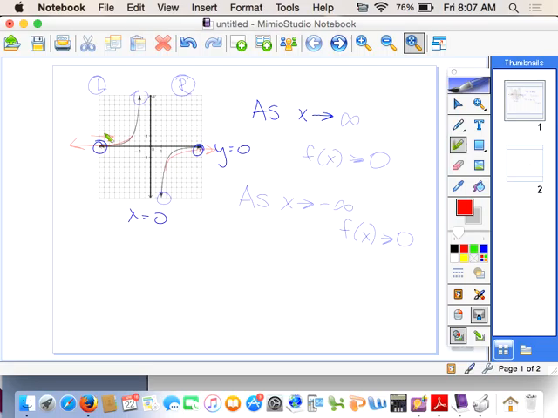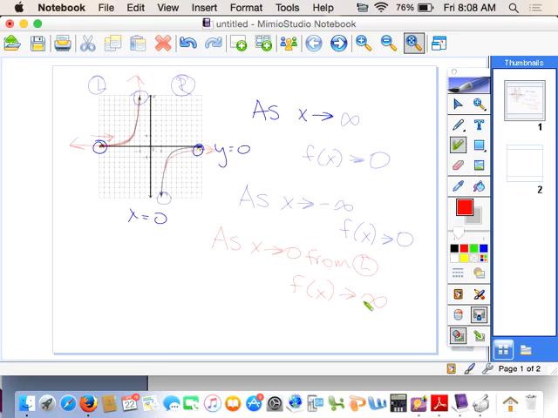So as x approaches, I'm going to write this one in red, as x approaches 0 from the left side, what is happening to f of x? So you're going to follow this graph as x approaches 0 from the left, what's happening? Our function is going to positive infinity. So as x approaches 0 from the left, f of x approaches positive infinity.